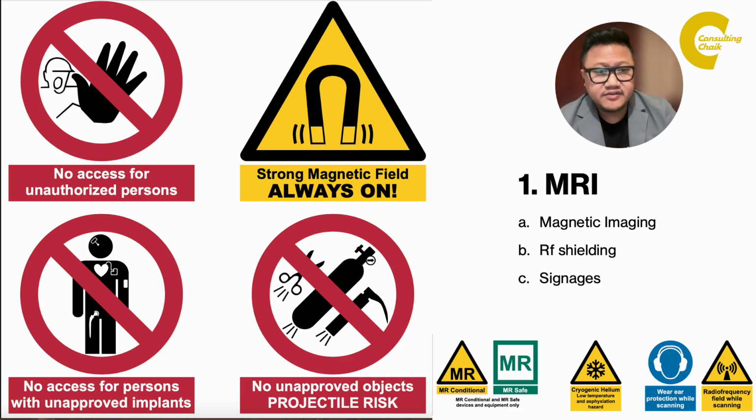For MRI, you can use the signages where you are saying no access for unauthorized persons. It's a strong magnetic field. It's always on, and there's no access for a person with unapproved implants, and no unapproved objects because there is a huge projectile risk. You can Google MRI accidents.